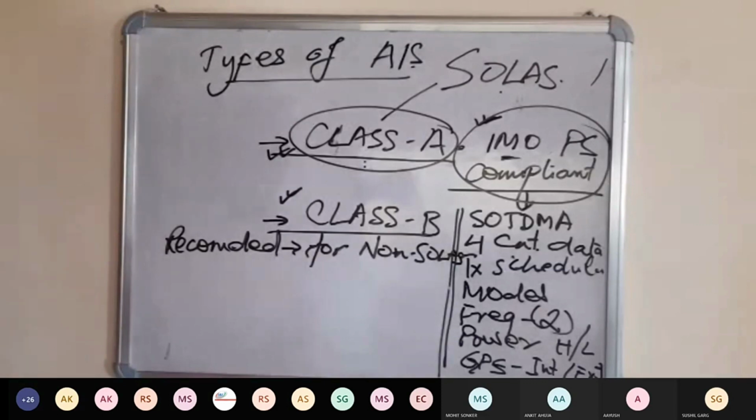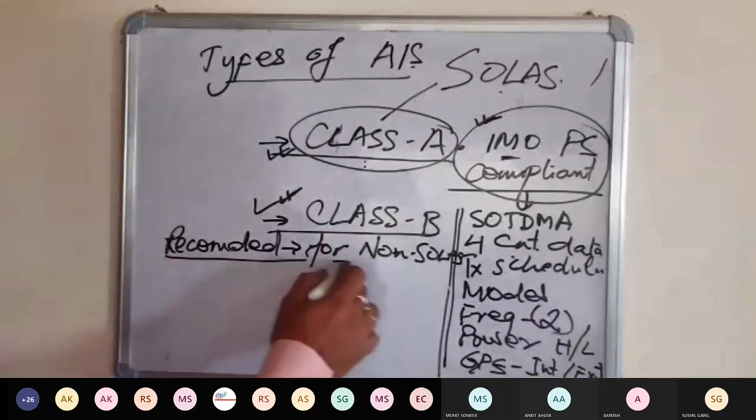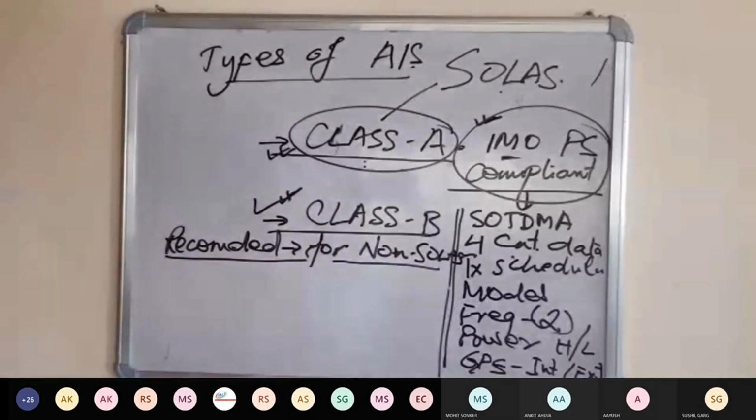If they collide with someone, they also die, and the others also get into trouble. Bigger ships also get into trouble. So class B is recommended for non-SOLAS crafts.